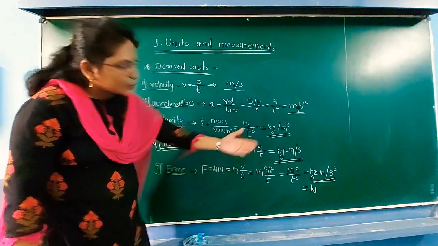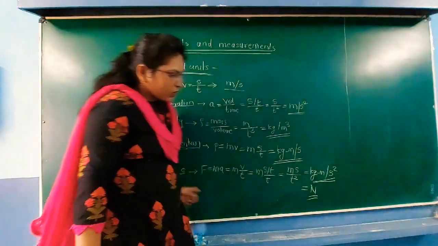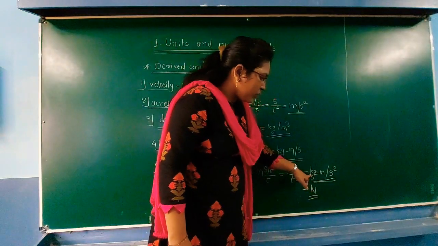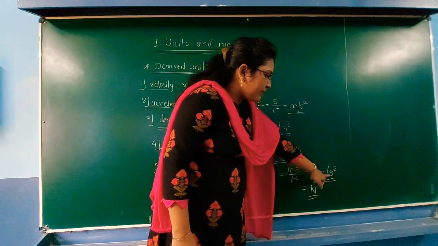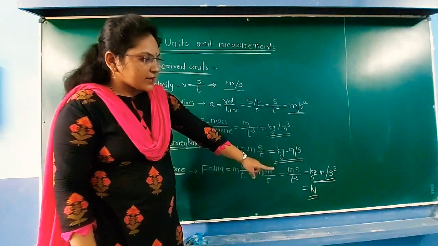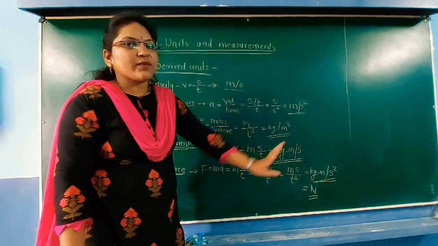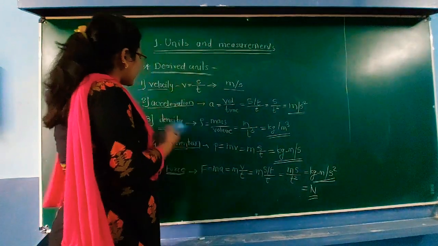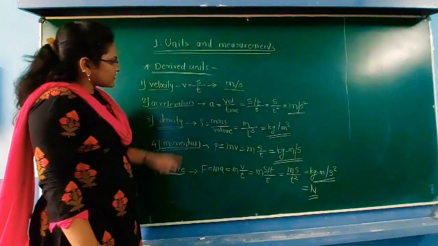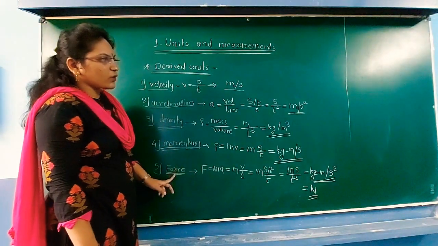So what is Newton? Newton is the SI unit of force. So Newton is equal to kg into meter per second square. Okay, note here Newton is equal to kg into meter per second square. Here we have seen 5 physical quantities: velocity, acceleration, density, momentum, force.